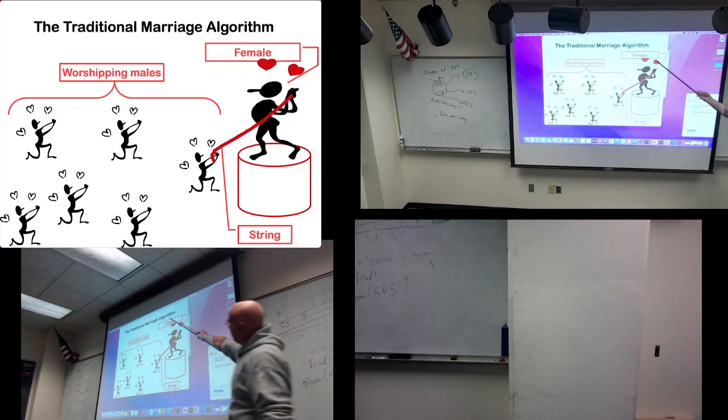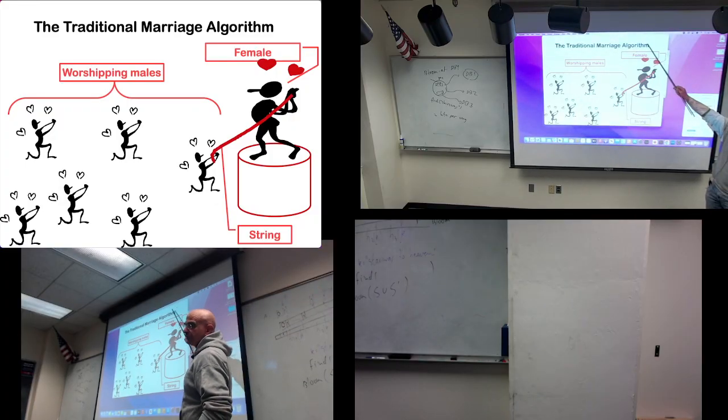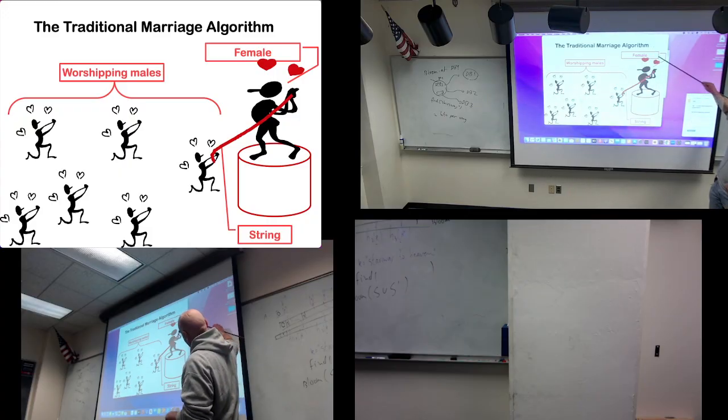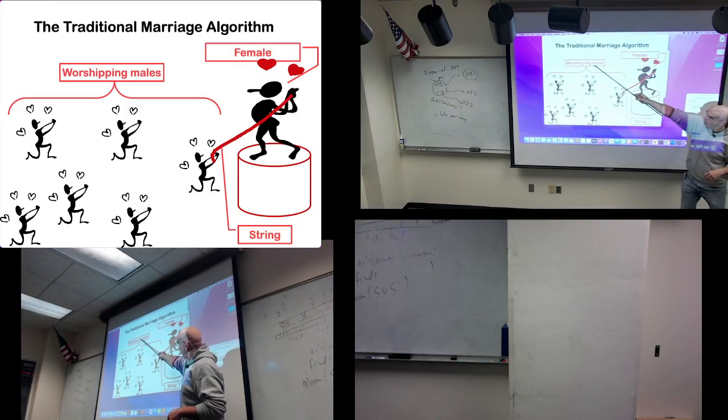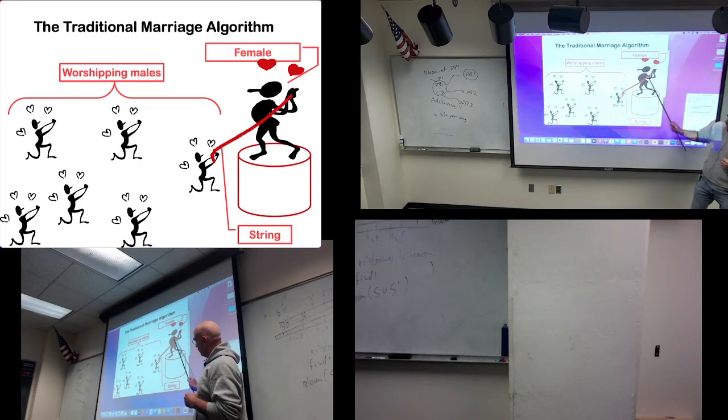So what happens in the TMA, the traditional marriage algorithm? Remember this term, we will use it a lot, TMA. One female walks on the balcony, she has a bunch of worshipping males that are all offering their heart to her, and out of all these males, what is she doing? She's looking at her list. She sees, out of all these males that are making proposals to her, let's see who is the highest one in my list.